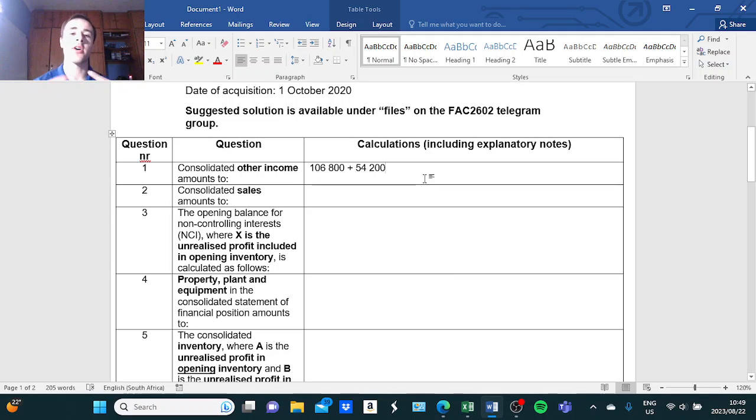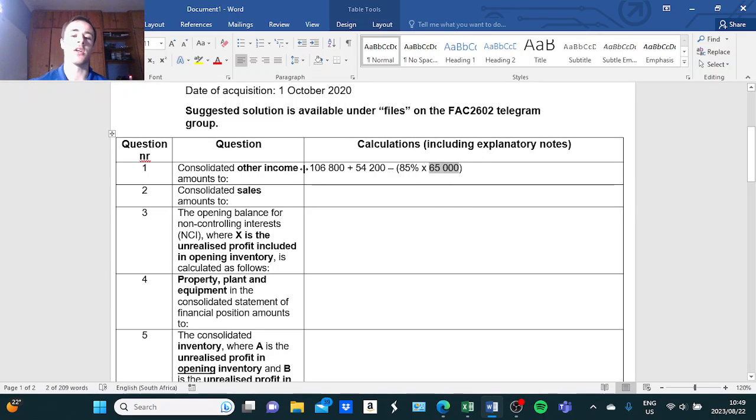So in calculating other income for the group, we need to subtract the intergroup dividend, which we will calculate by taking the percentage interest of the parent, which is 85%, and multiplying this by the dividends paid by the subsidiary, because the remaining 15% would have been paid to your non-controlling interests.